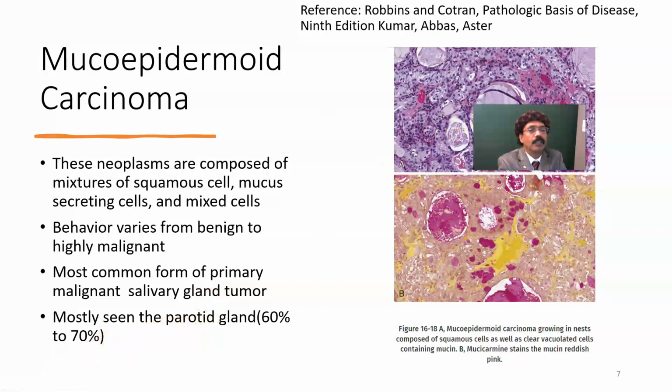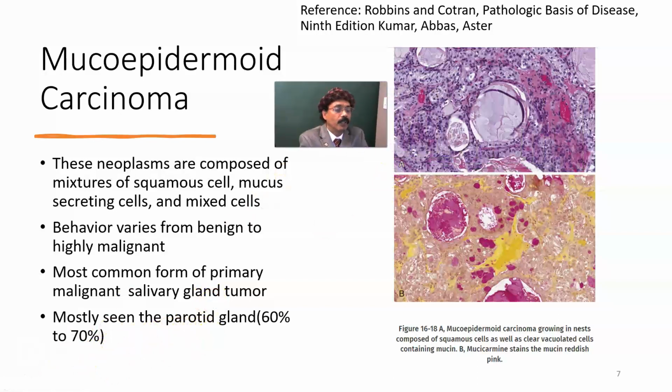Here is a mucoepidermoid carcinoma growing in nests composed of squamous cells, as well as clear vacuolated cells containing mucin. Carmine stains the mucin reddish pink. So this is mucoepidermoid carcinoma.